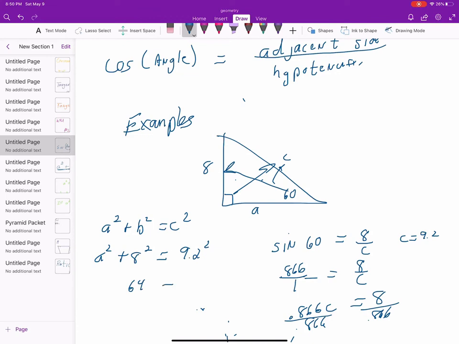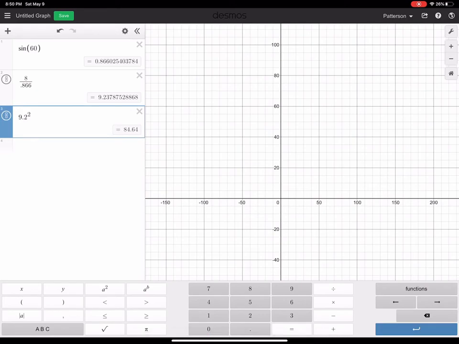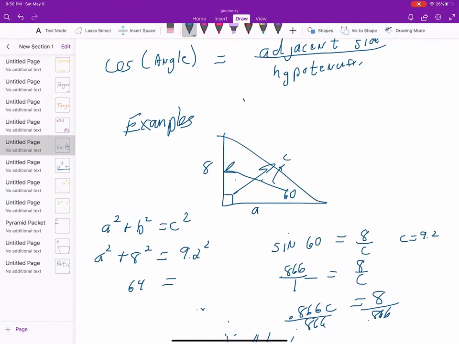So I got 64 there. Got to go find 9.2 squared, which is 84.64. And let's see, we'll do a little work here. So A squared is equal to 20.6.